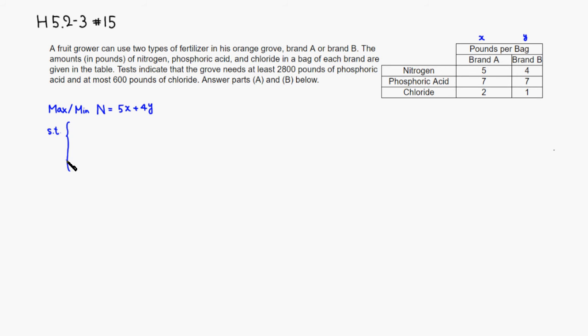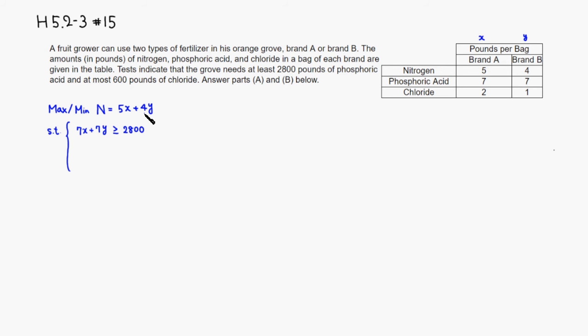It says that the group needs at least 2,800 pounds of phosphoric acid. So phosphoric acid is 7X plus 7Y, and this has to be greater than or equal to 2,800.